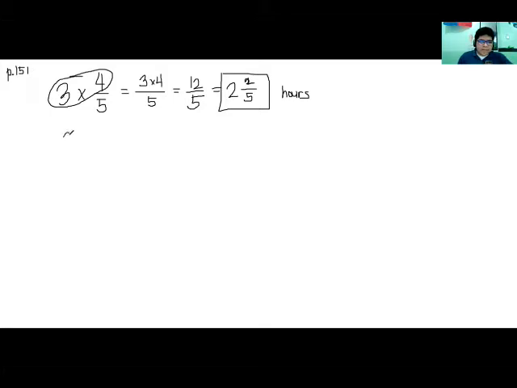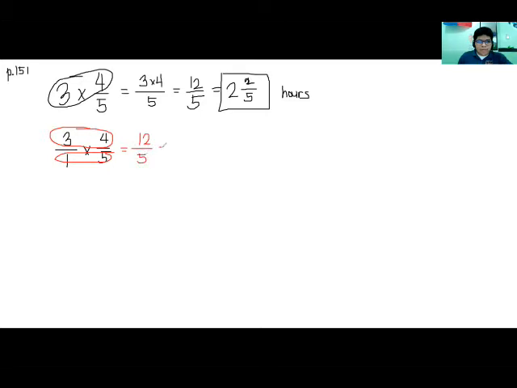So, let's write 3 over 1 times 4 over 5. Mas madali na siya ngayon dahil fraction na siya. So, anong gagawin natin to multiply this? Multiply mo lang yung numerators. So, 3 times 4 is 12. And then, yung denominators, multiply mo din. 1 times 5 is 5.